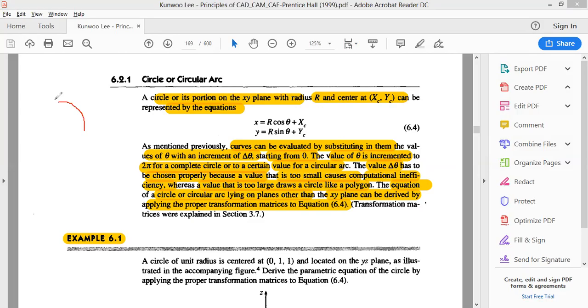That limitation is the incremental value delta theta, the smallest angle we can draw. So we can go 60.5, 60.25, up to 3 or 4 decimal places. Each software has been programmed with a smallest incremental value. If it is very small, it has to be ignored because it will hamper the performance and efficiency of the computer in solving the problem.